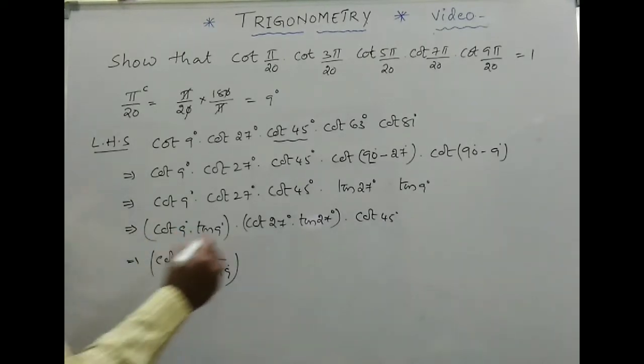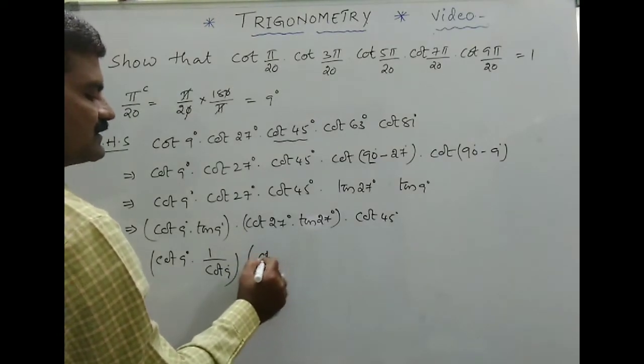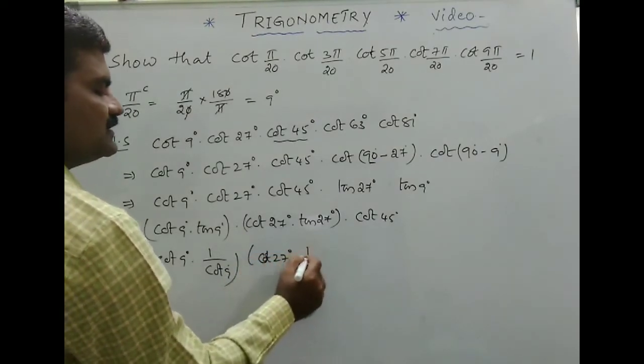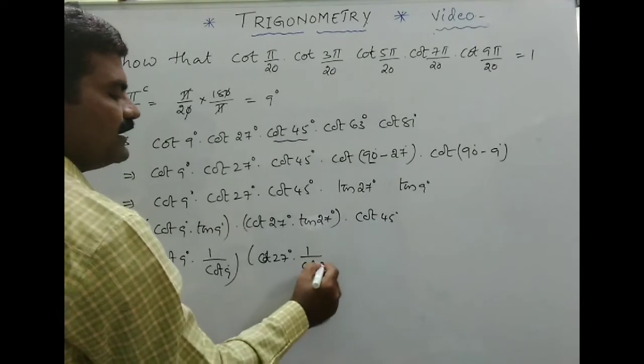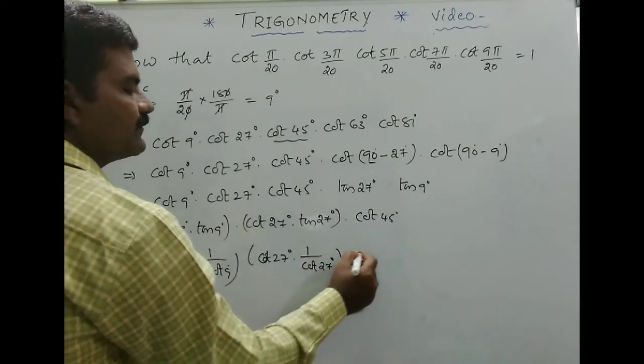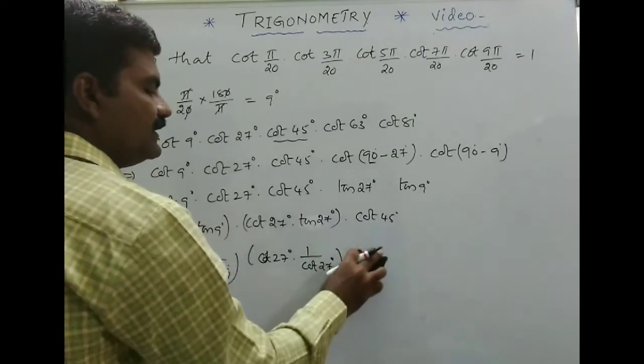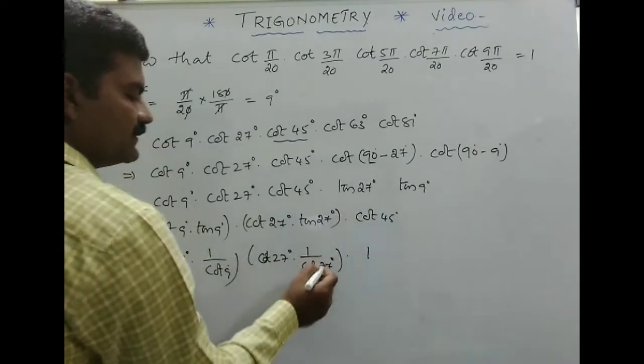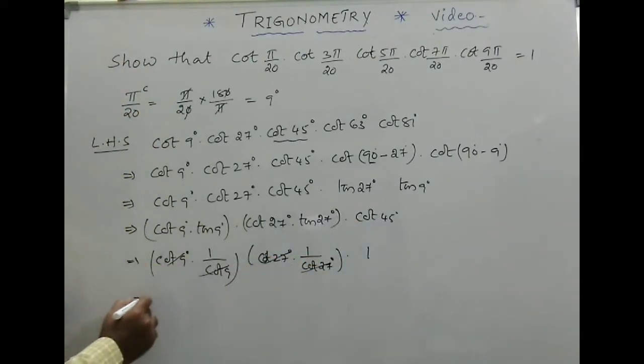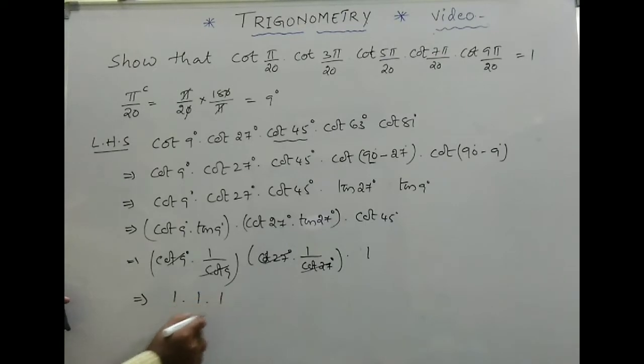We learned that already. Similarly, cot 27 degrees into tan 27 degrees is 1, and cot 45 value is already 1. So this is 1 into 1 into 1, which is 1. Hence proved.